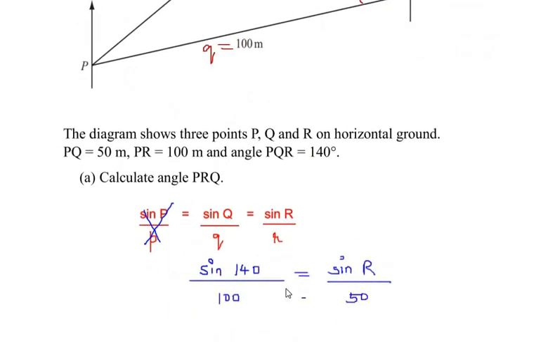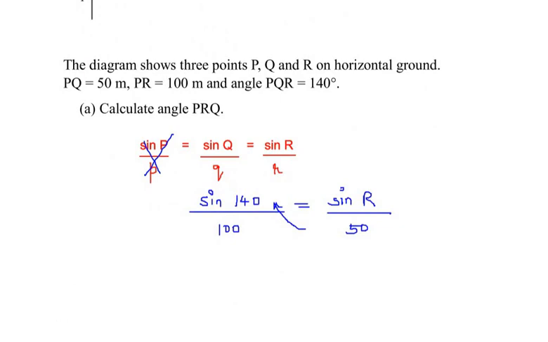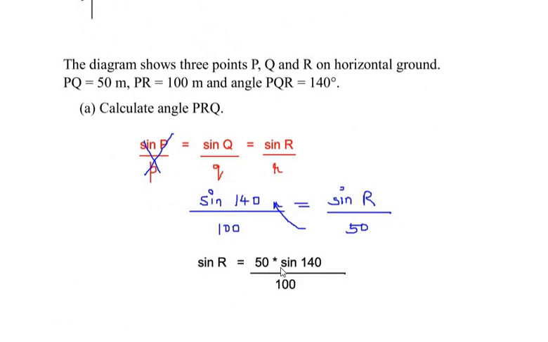Now cross multiplying, let us take the 50 on the other side of the equal to sign. So we have sine R is equal to 50 times sine 140 over 100. So now let us move the sine on the other side of the equal to sign. So this gives us R is equal to arc sine or sine inverse of the given value.